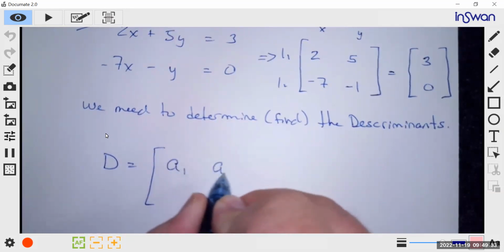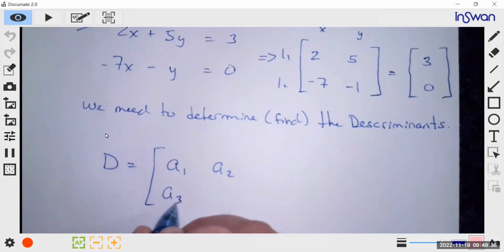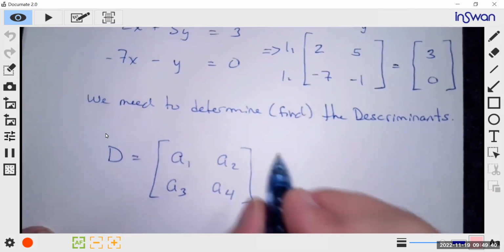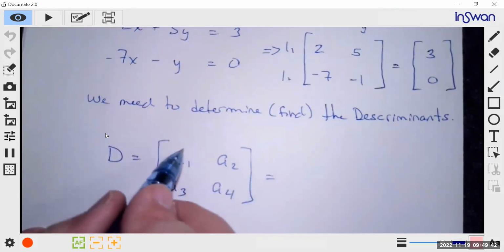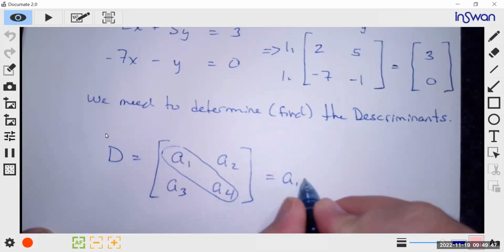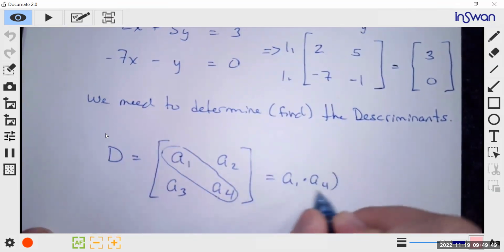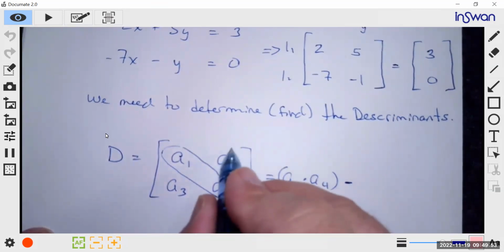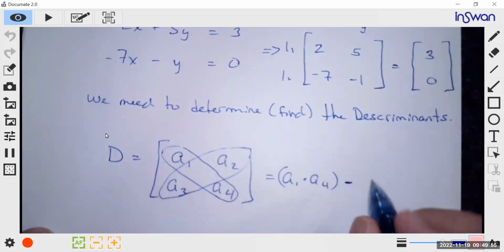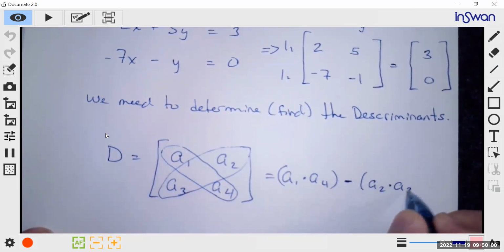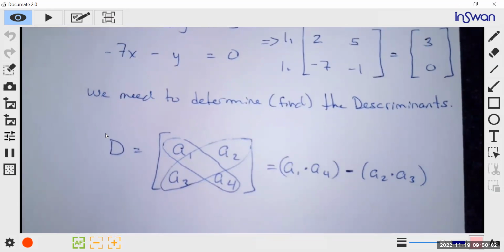It's A1, A2, A3, A4. So we have a matrix. Multiply these two together first. So it's A1 times A4 minus the discriminant, A2 times A3. And that's all there is to it.